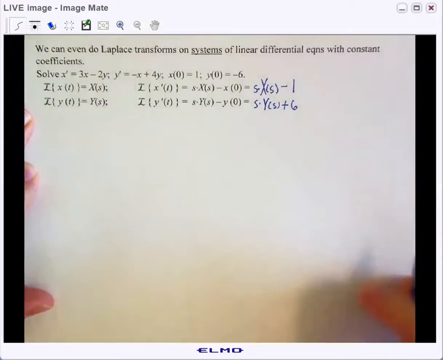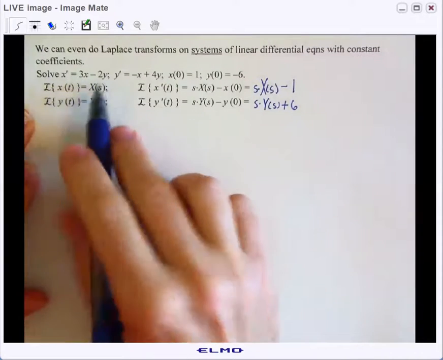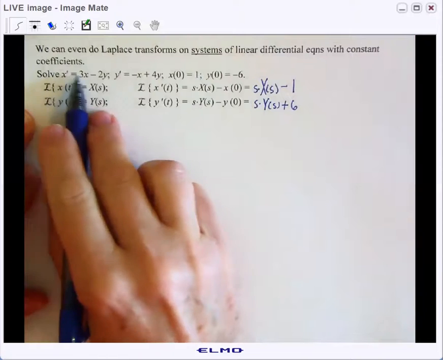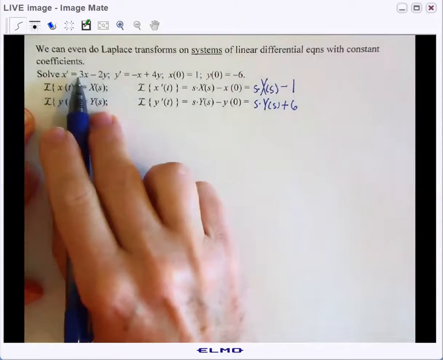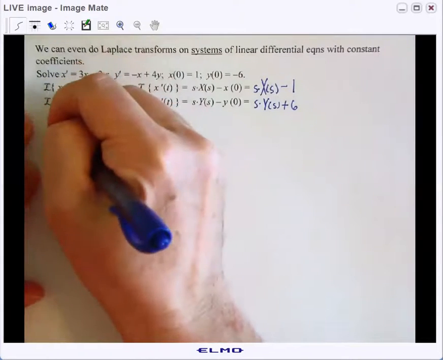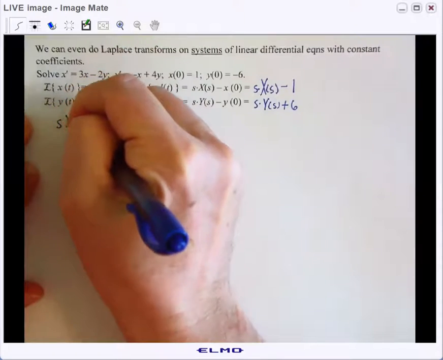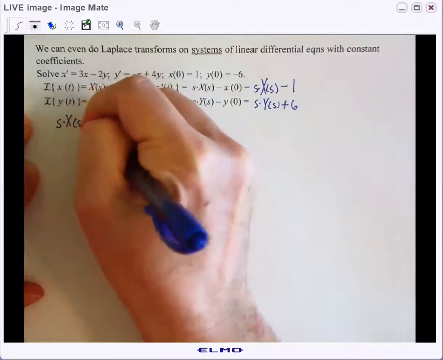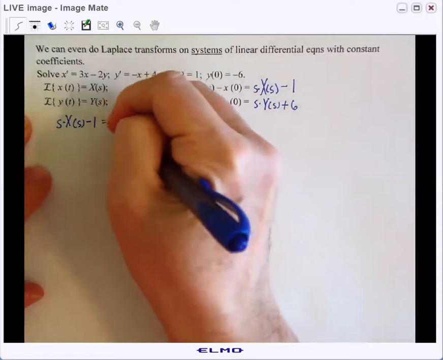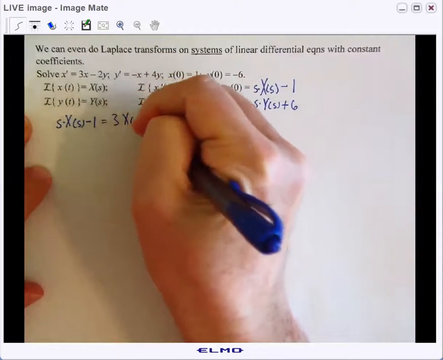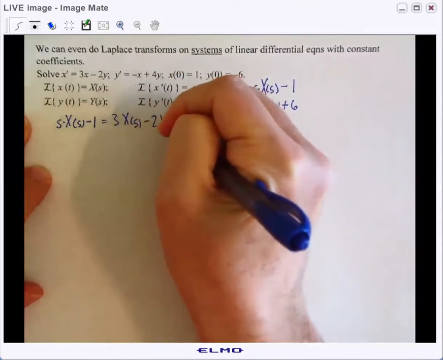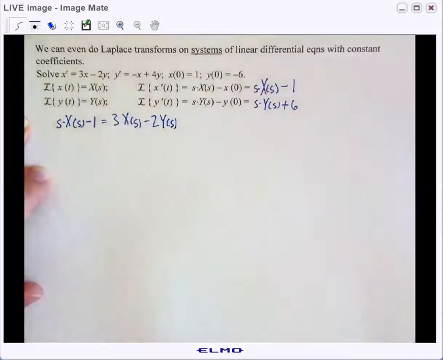So if we take a look at our differential equation, x prime, and we do the Laplace transform on it, x prime is s X of s minus 1 equals 3 X of s minus 2 Y of s.